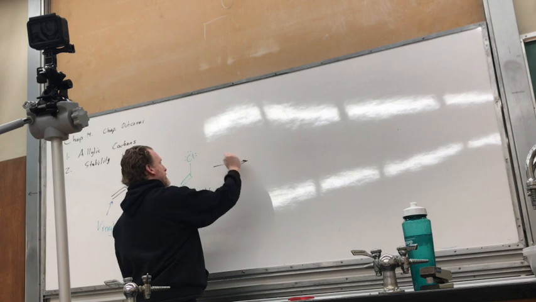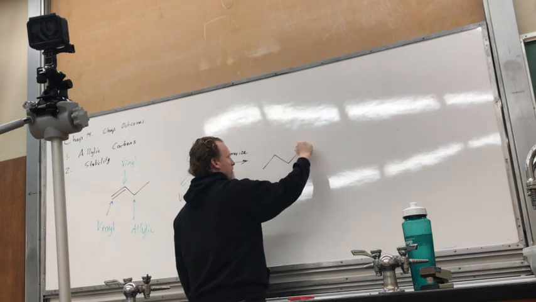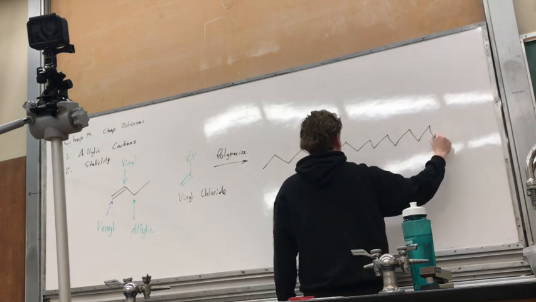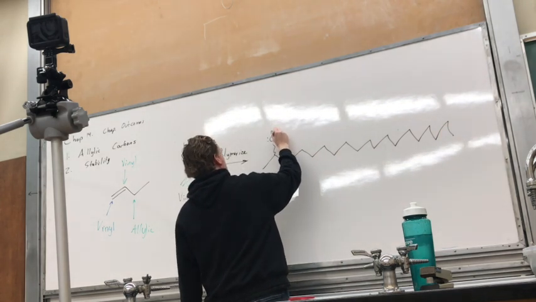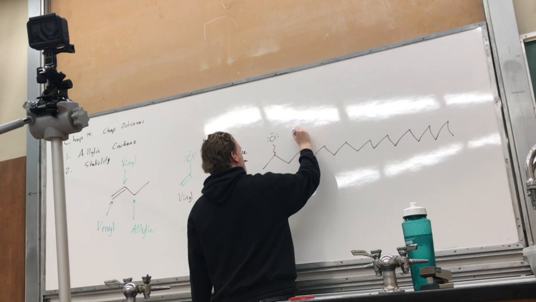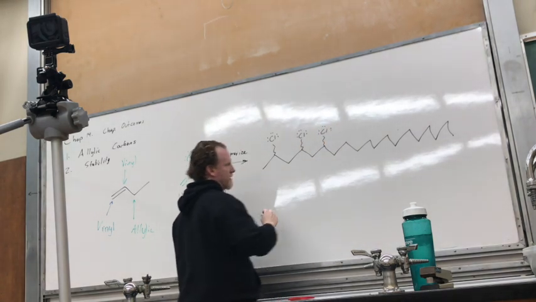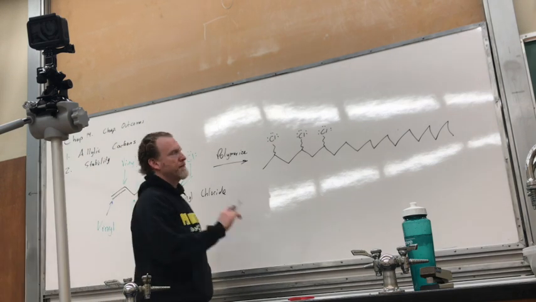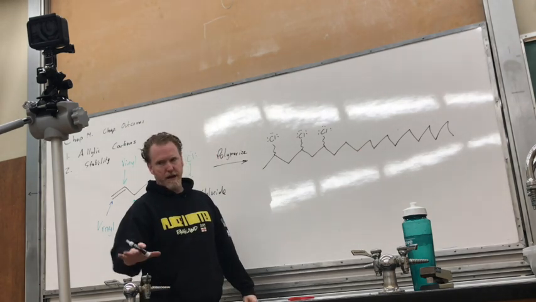If you polymerize this, you make a long polymer with thousands and thousands of monomers, continuing on with all those chlorines. Maybe pause the video and draw this out for maybe 10,000 and then come back.